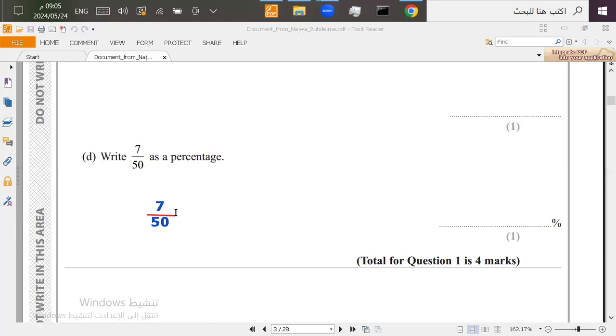When you simplify, divide this by 50 is going to be 1, divide by 50 is going to be 2, and the answer will be 14%. You can do it with the calculator, it will give you the answer. Make sure that you check, because even simple questions, you might have mistakes in them, and you'll regret leaving them without checking. Now let's move on to the next question.